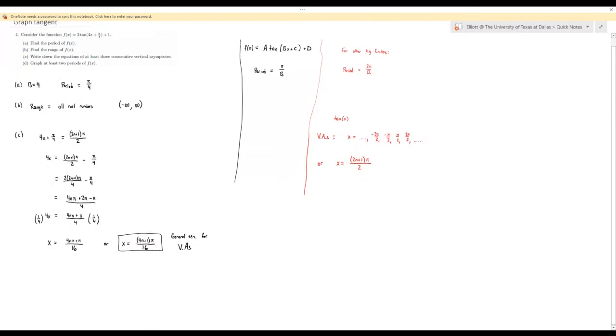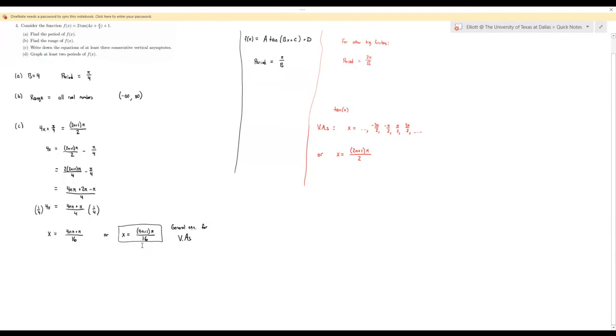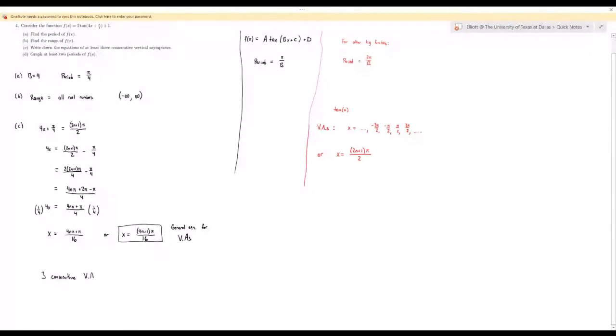Now, I guess here we want to follow the instructions specifically. It said to write down the equations for 3 consecutive vertical asymptotes. So we have this general formula here. If we just want to get 3 consecutive vertical asymptotes, we could get them just by plugging in 3 consecutive integers for n into this formula.